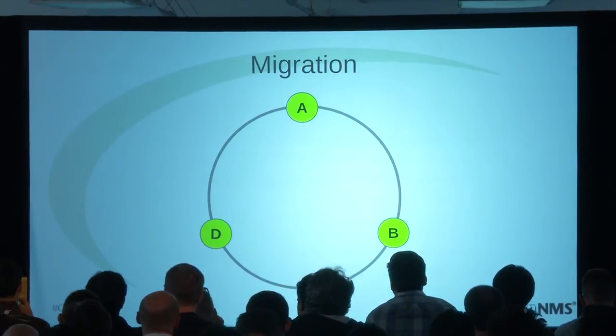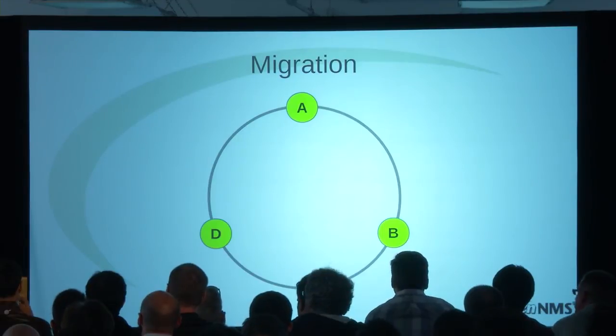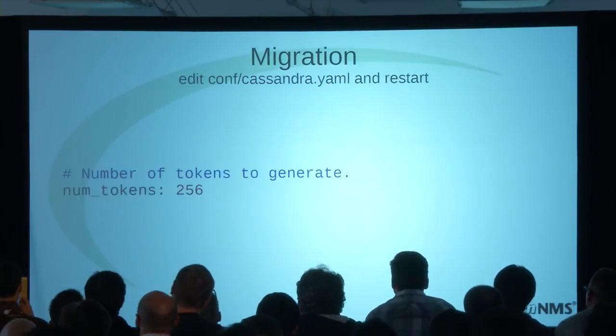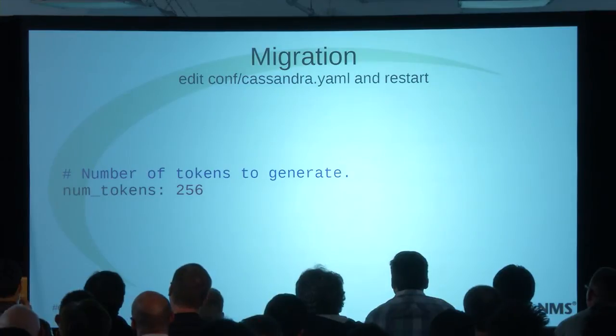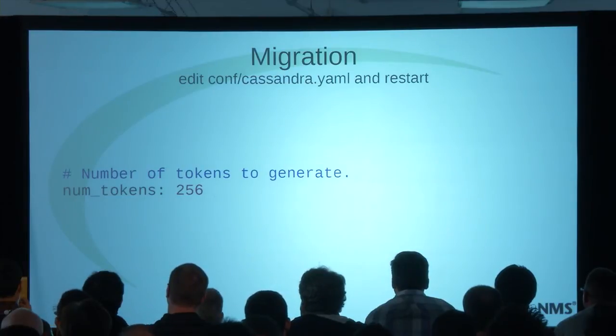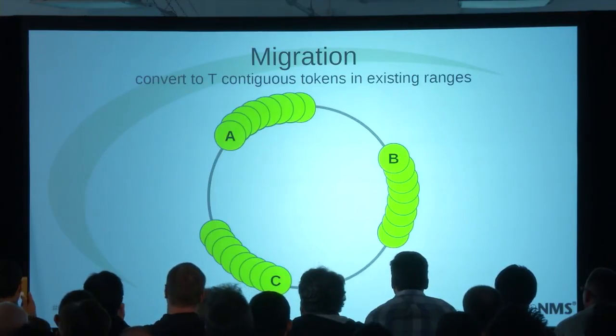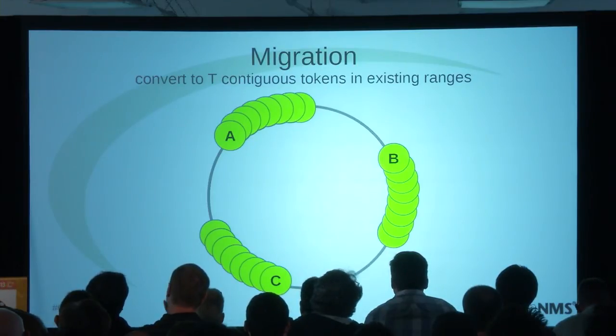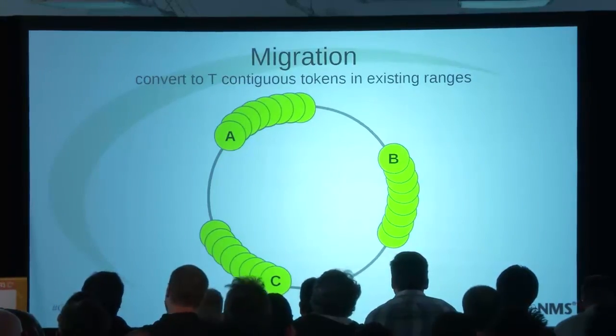The way that works is, imagine you have a 3-node cluster. You simply go into the configuration file. As long as the node has only ever had one token, when you set the num_tokens parameter and restart the node, it will essentially split that token, that partition, num_tokens ways, so 256 by default.